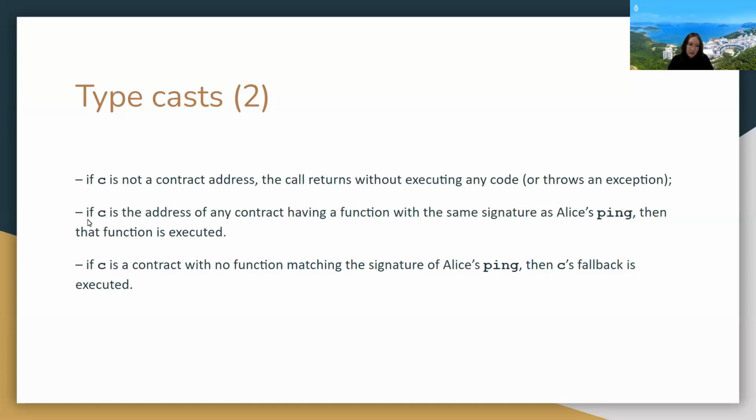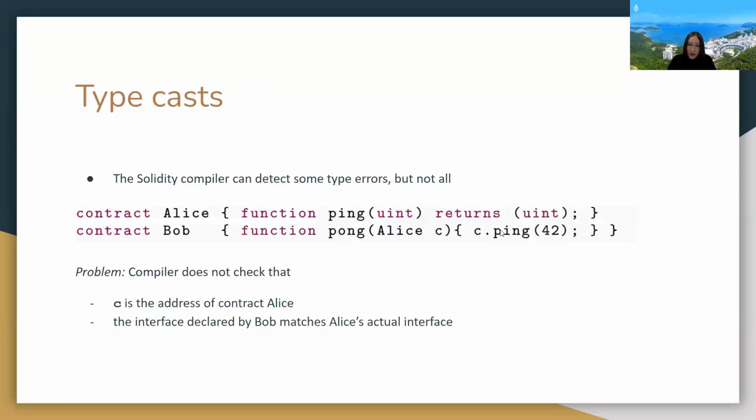However, let's consider another case. C might be the address of a contract that has a function with the same signature as Alice's ping function. Then that function would be executed. So basically here, suppose that C is another contract other than Alice, and it also has the same function ping, then the ping function of that other contract would be executed.